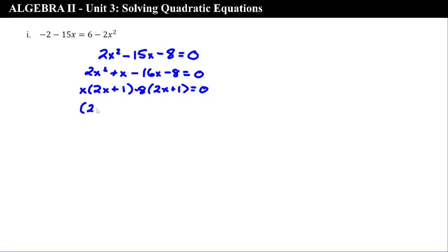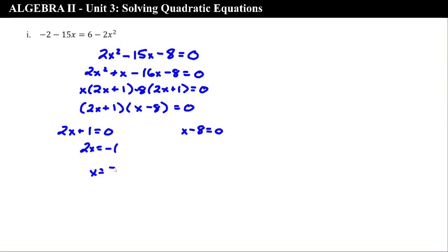So we get 2x plus 1 times x minus 8 equals 0. We split it up. You get 2x plus 1 equals 0. You get x minus 8 equals 0. So 2x equals negative 1. So x can be negative 1/2, or x can be 8. And those are our two solutions.